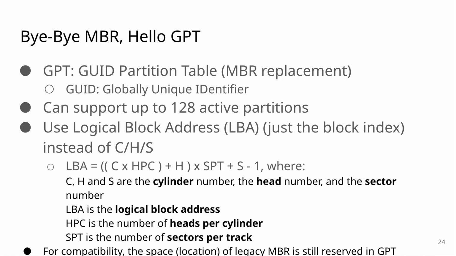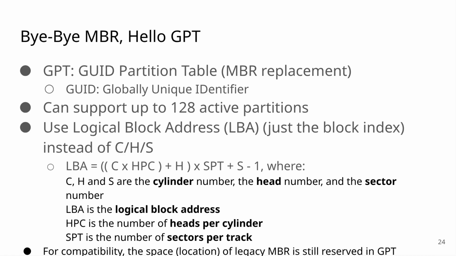GUID means Globally Unique Identifier, and this can support way more partitions, as you can see here. Therefore, you can imagine it can also have a way bigger size, as the whole GPT can be bigger than the MBR. So it's not just 512 bytes like the MBR. It can be of a variable size.